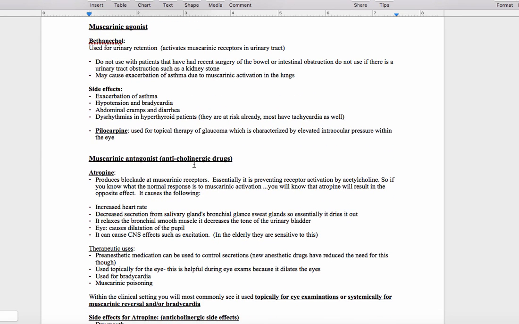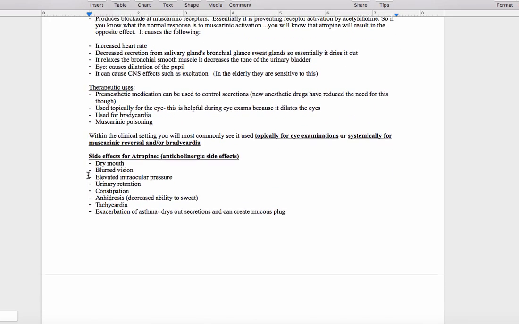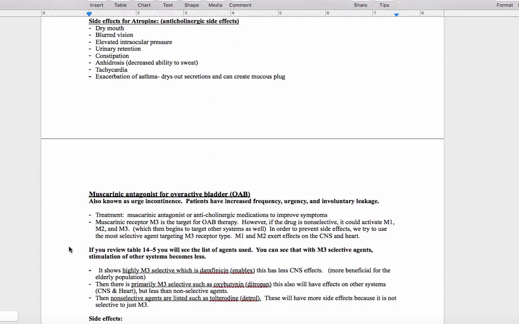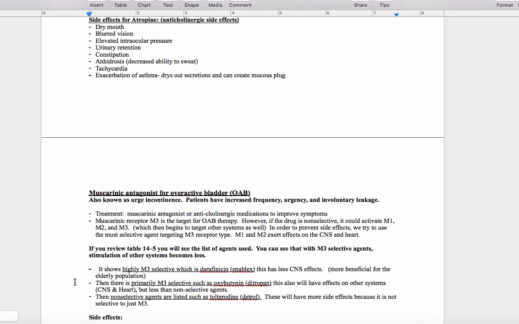And in terms of the antagonists, be familiar with atropine, and also look at the overactive bladder medications, and understand selectivity with M1, M2, and M3. If you have any other questions, please let me know. I'd be happy to answer them or help you out.